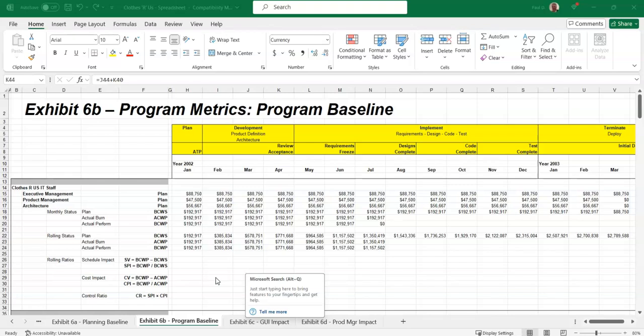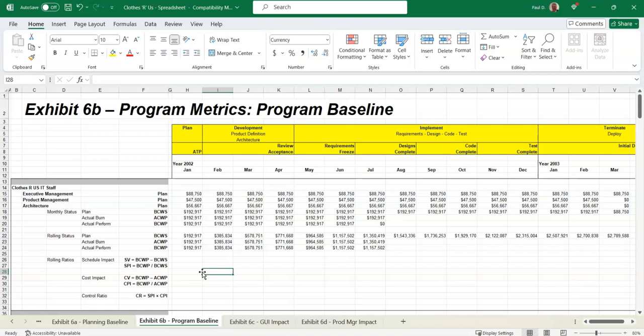What I've done here is basically the program baseline, which really is not supposed to change unless there is a scope change or a customer directed change, and you're given additional budget. In some cases, if things get so far off course that the earned value starts to be meaningless, the customer approves a complete rebaseline, and then this would change.